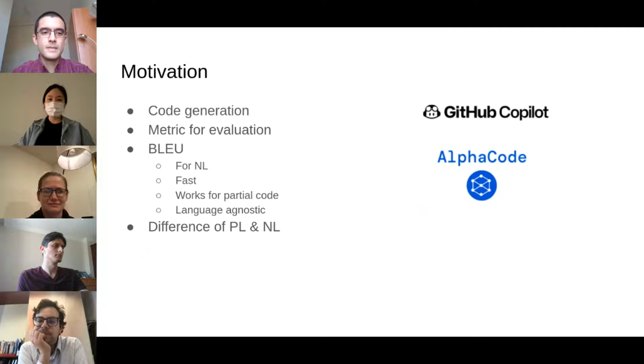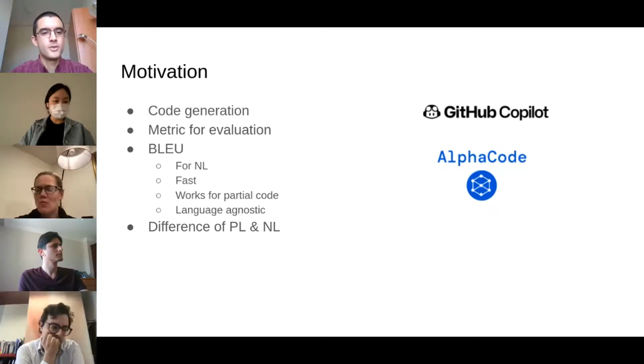You have probably seen some models, mostly neural models, for generating code, and more famous ones are GitHub Copilot or DeepMind's AlphaCode. For evaluating how well these models perform, we need some metric.